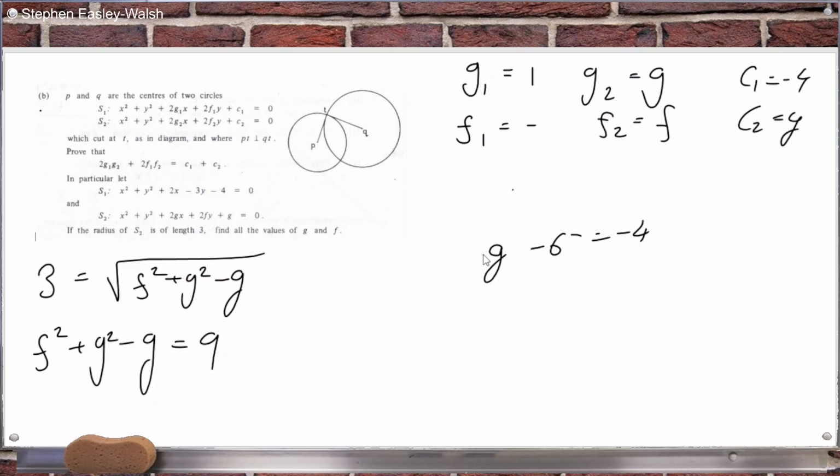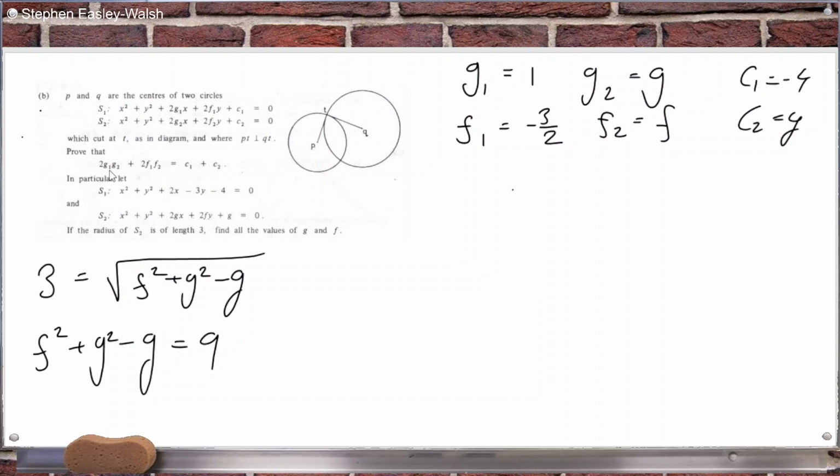I'll fix that up. I forgot to halve it, so it's minus 3 over 2. So let's double check that now. G1 is 1, G2 is G, F2 is F, and F1 is minus 3 over 2. C1 is minus 4, and C2 is G.